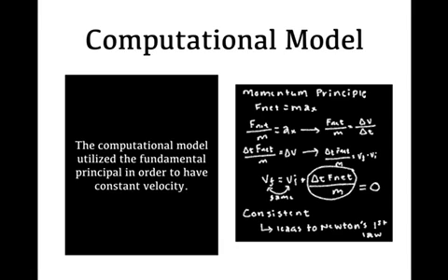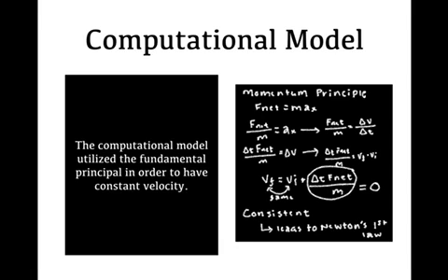So then you can get the change in time times the net force divided by mass equals the change in velocity, which can then be written as the final minus the initial velocity, which can then be detailed as the final velocity equals the initial velocity plus change in time times the net force divided by mass.